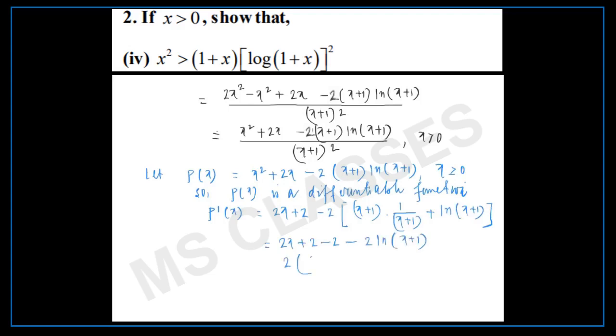Taking 2 common, 2 into x minus ln x plus 1. Equation 1. Now this part, x minus ln 1 plus x, is always greater than 0 for x greater than 0, but that we have to show here.